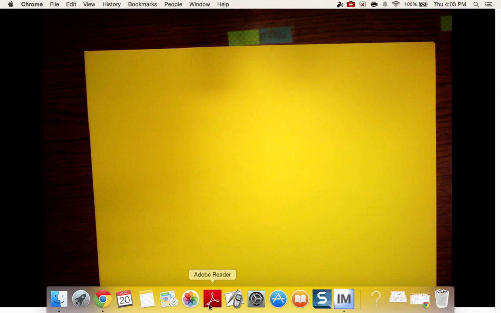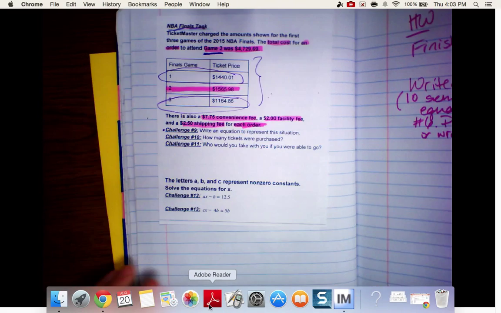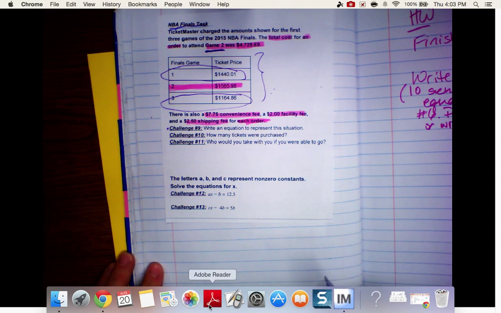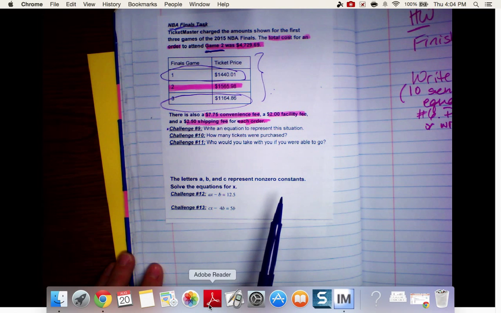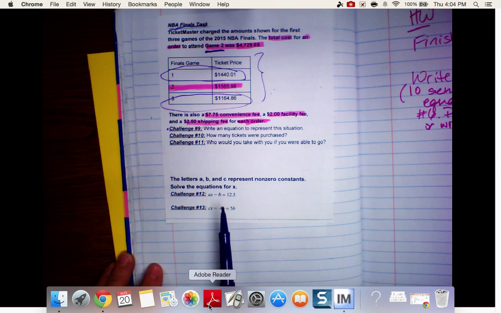Alright, so challenge 12 and 13, it says the letters A, B, and C represent non-zero constants, so solve the equations for x.